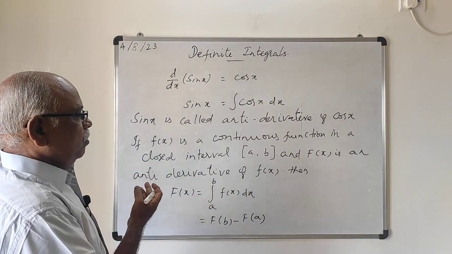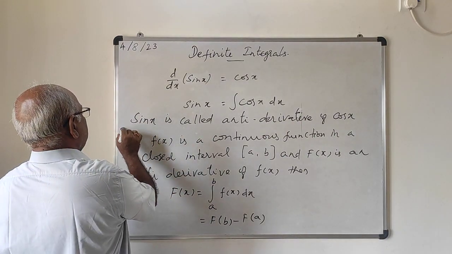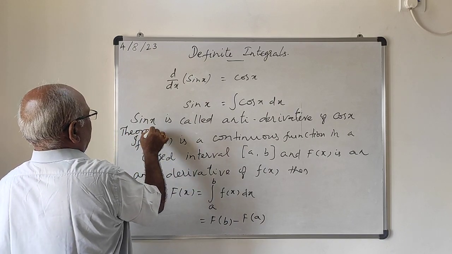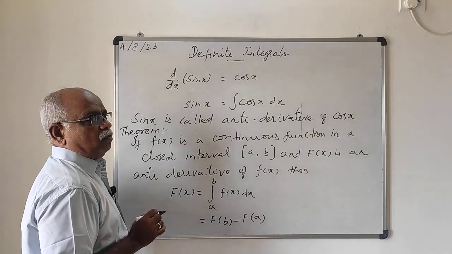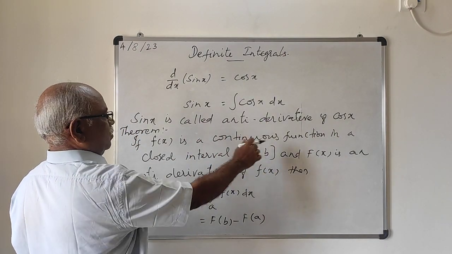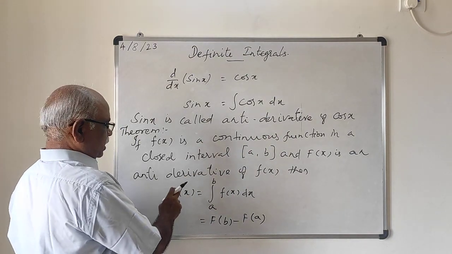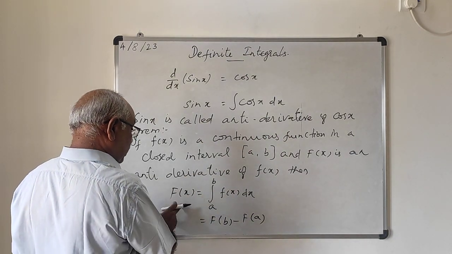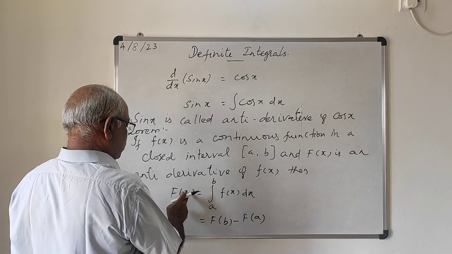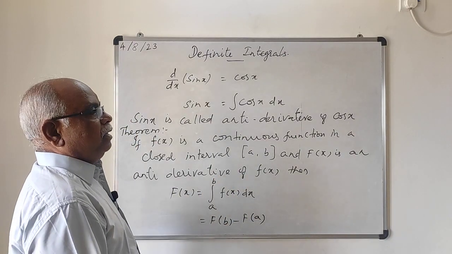We also call it the fundamental theorem on definite integrals. If f of x is a continuous function in the closed interval [a, b], and capital F of x is an antiderivative of f of x, then the integral from a to b of f of x dx is capital F of x evaluated from a to b, whose value is capital F of b minus capital F of a.